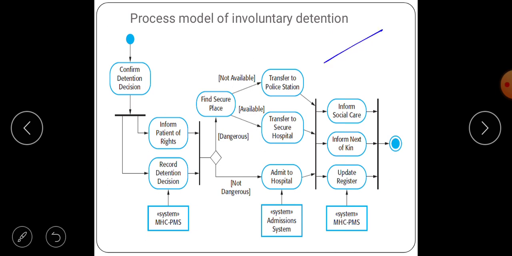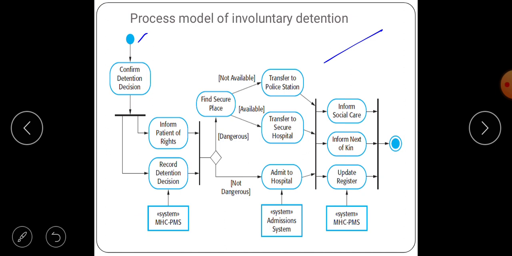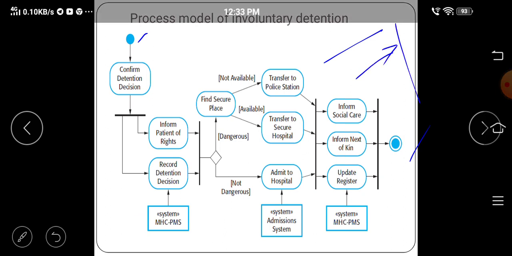We are not going to discuss each and every word in this activity diagram, but we are going to know what this rectangular box indicates, what this circle indicates, what this arrow indicates, and what this solid bar indicates. We are going to discuss that.